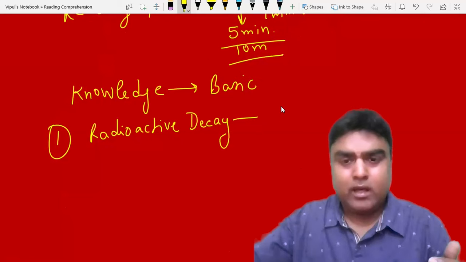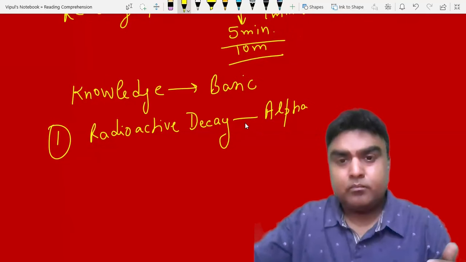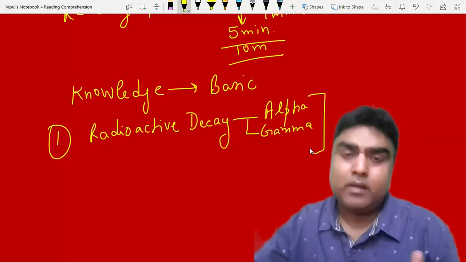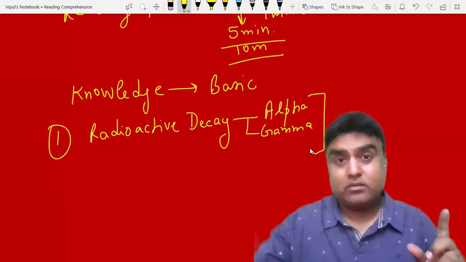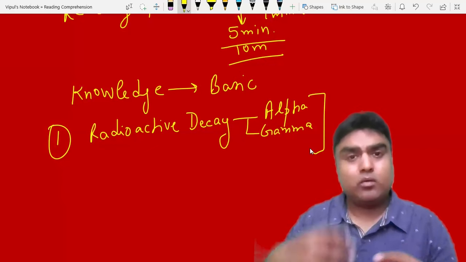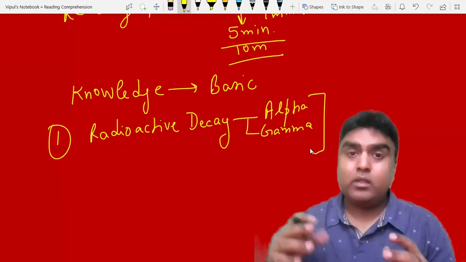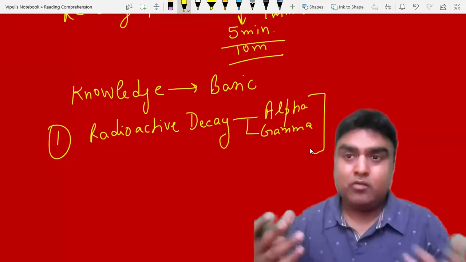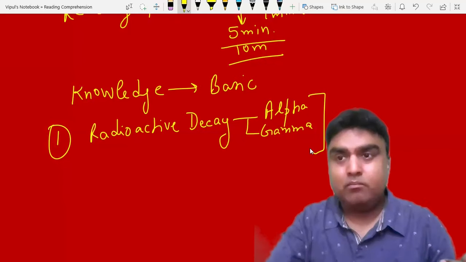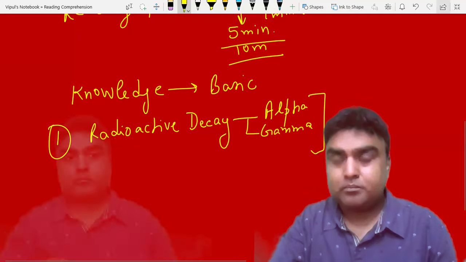It talked about alpha and it talked about gamma. So this is the main idea of the prefacing of the first passage. So it is just talking about the radioactive decay and everything. So even without knowing the words, I am able to get the main idea out of it.